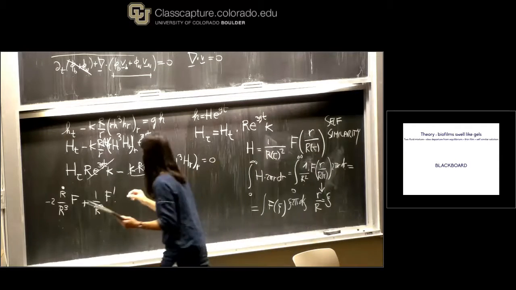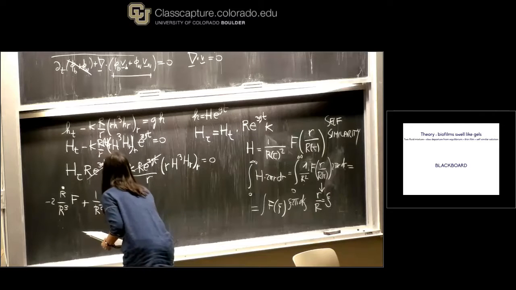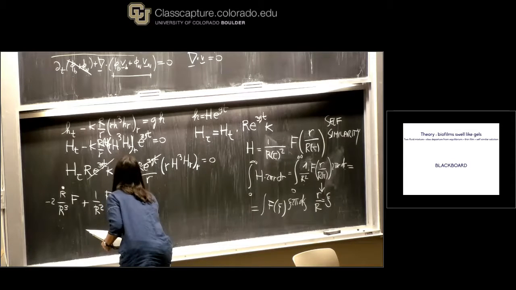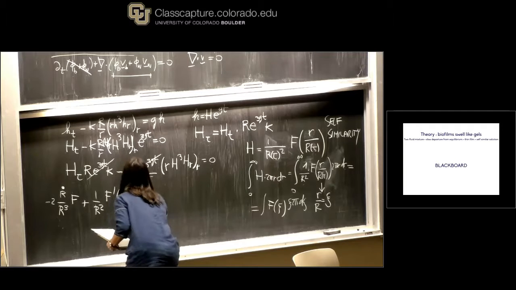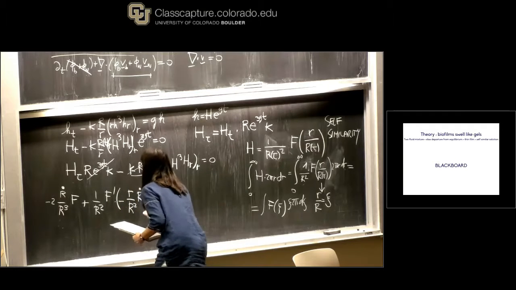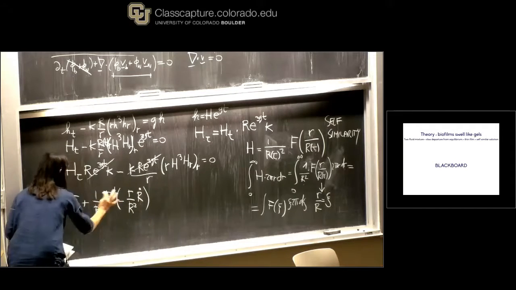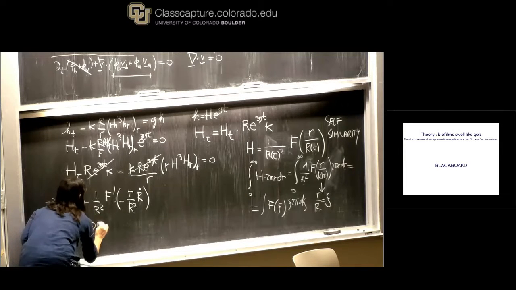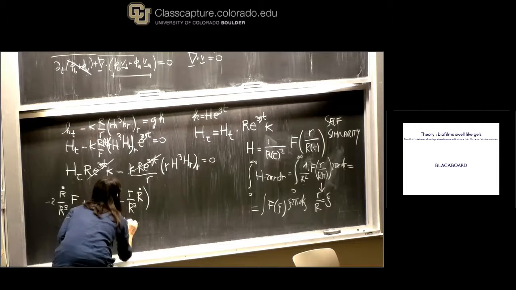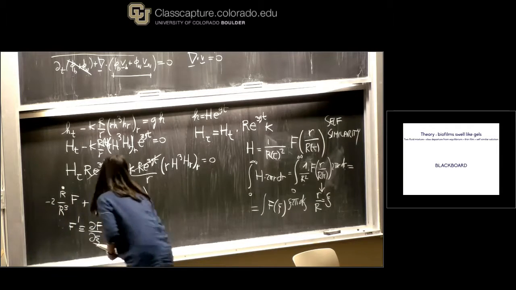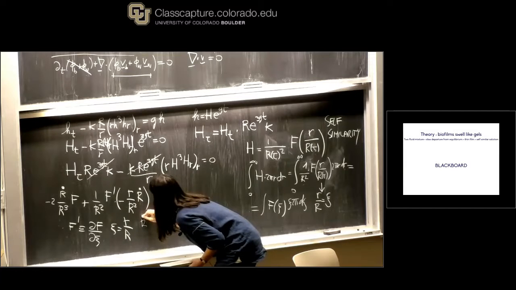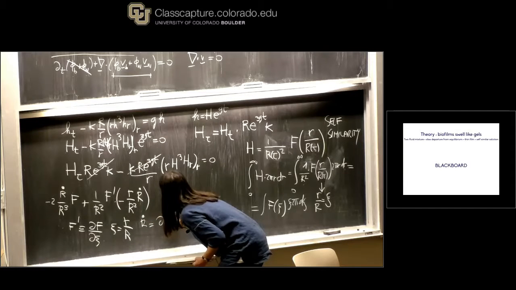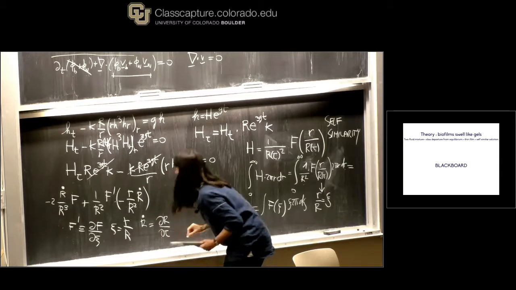Just to be clear, f prime is df over d psi. Psi is r over big R. And R dot is dR over d tau.